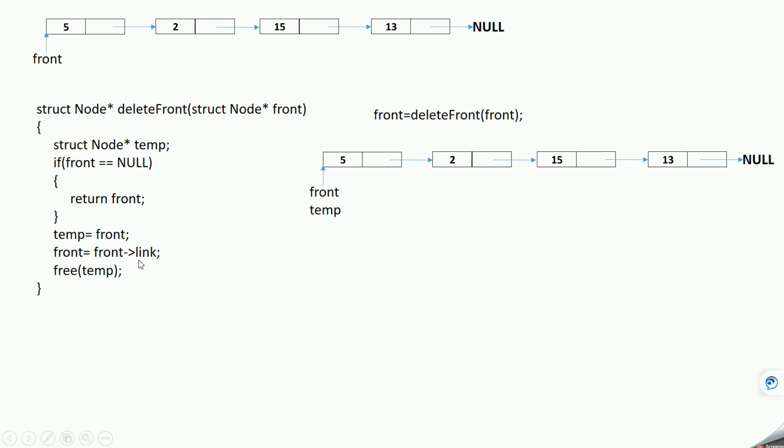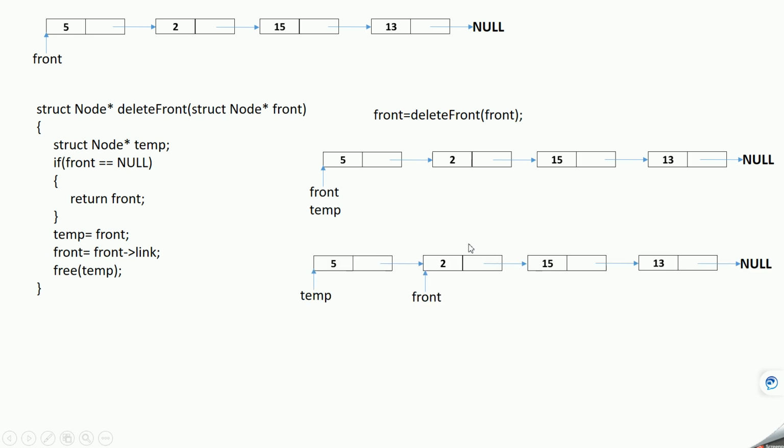Next, when we execute front equal to front arrow link, this node gets assigned to front, so front will be pointing to this node.